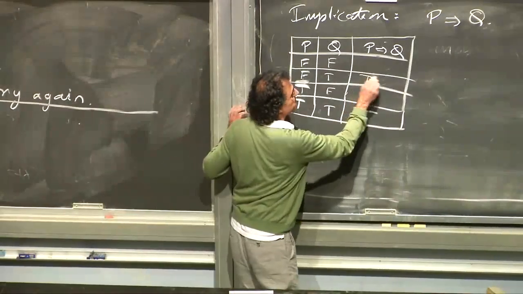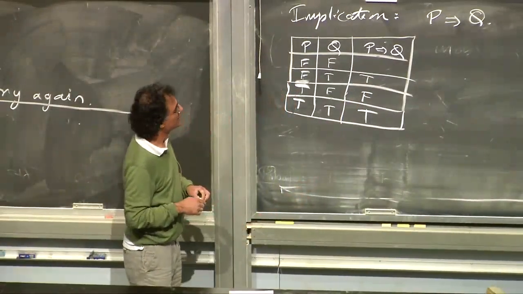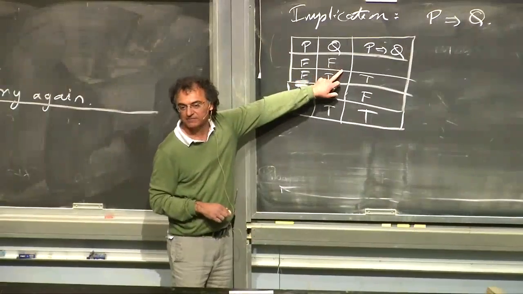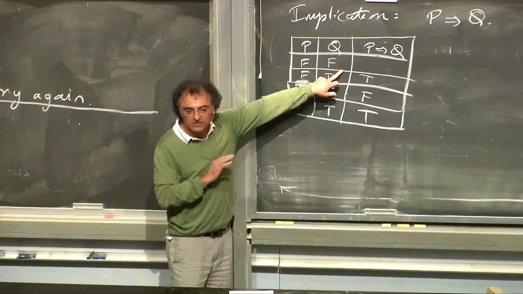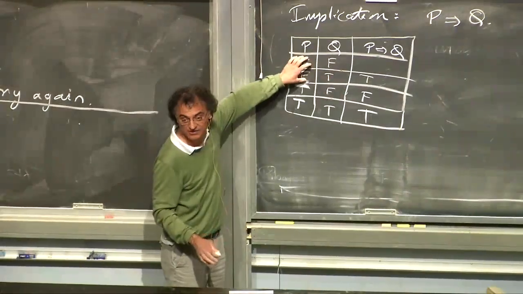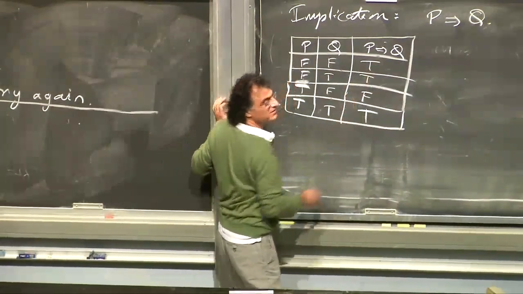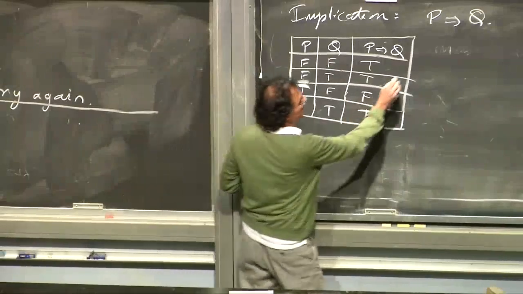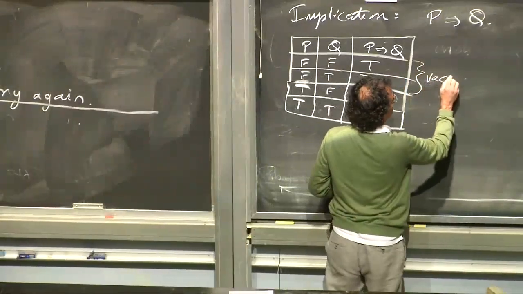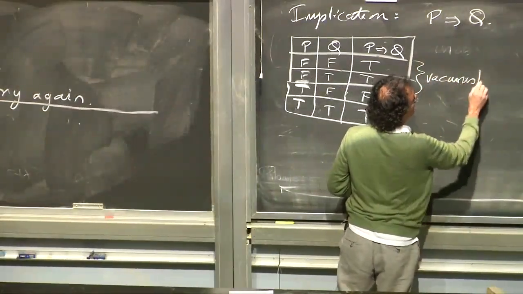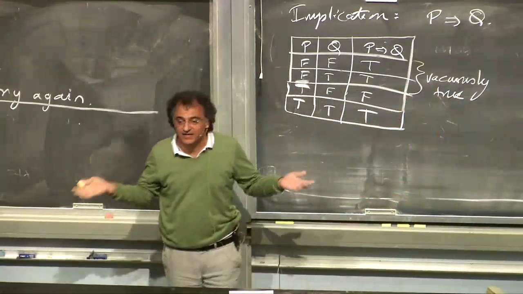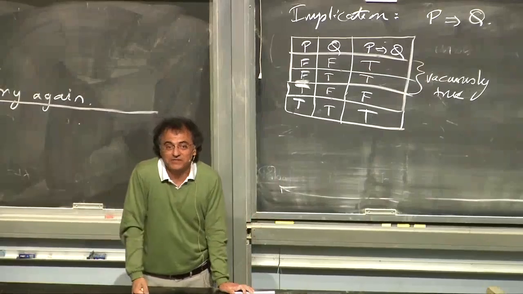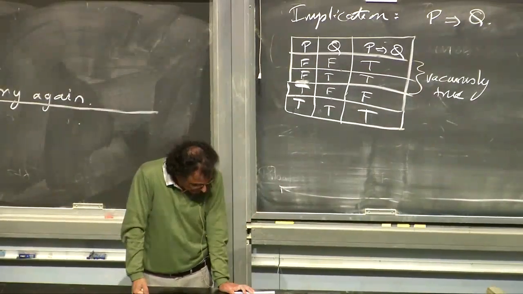So it's true. How about false, false? Same thing. P implies Q has no responsibility when P is false. So it's vacuous. This is called being vacuously true. It's true just because it didn't even say anything. So, why should we hold it to account?